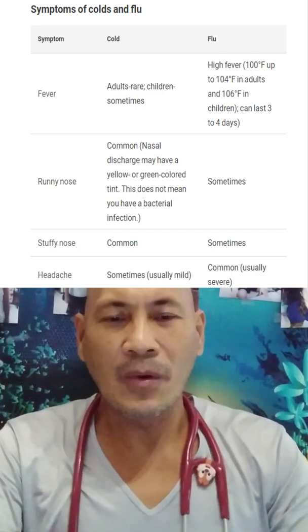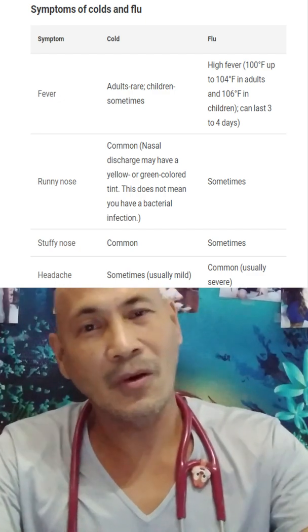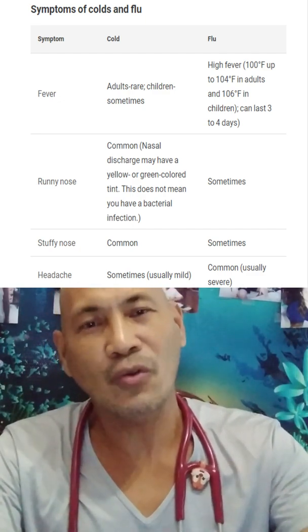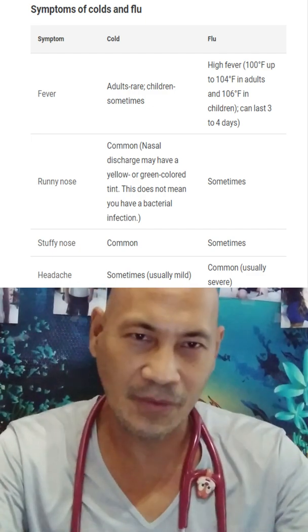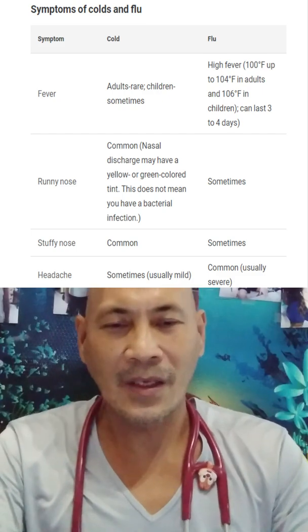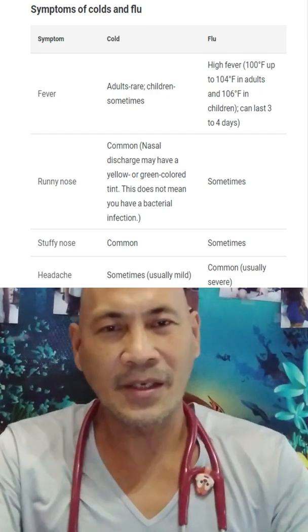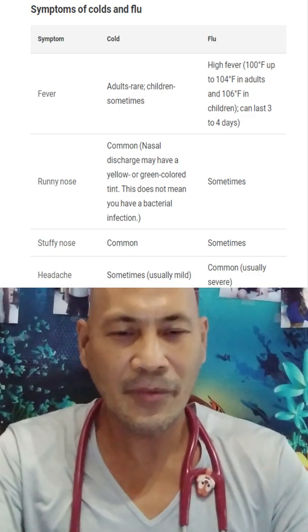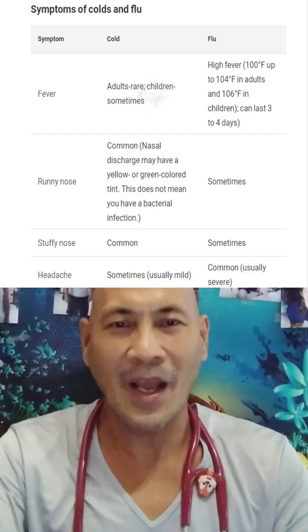With regards to cold, fever is usually not common to happen in adults versus flu. Okay? Now, with regards to runny nose or nasal discharges, it is very common in common colds, as the name implies.